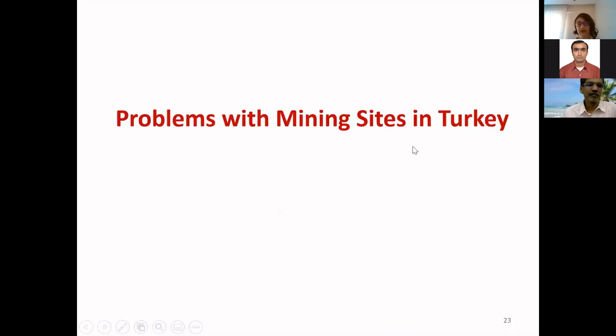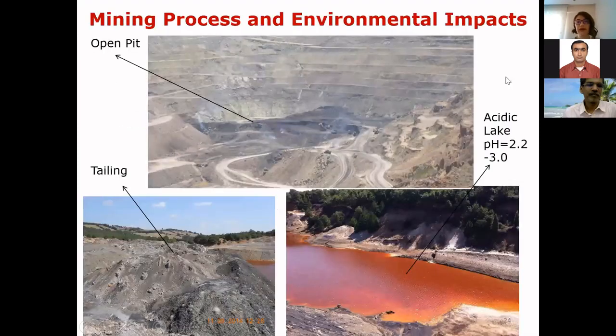Of course, here we have some problems related to mining activities and mine tailings. Here we see the biggest open pit mining in Çanakkale, of course not in Turkey, in Çanakkale, the biggest one here.